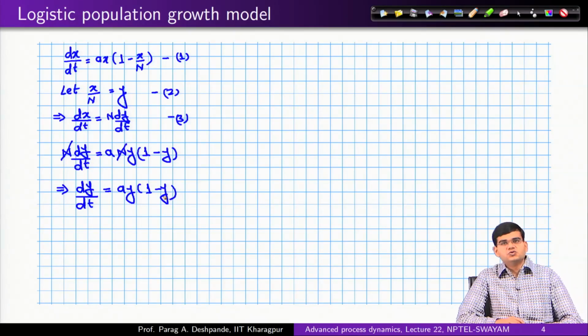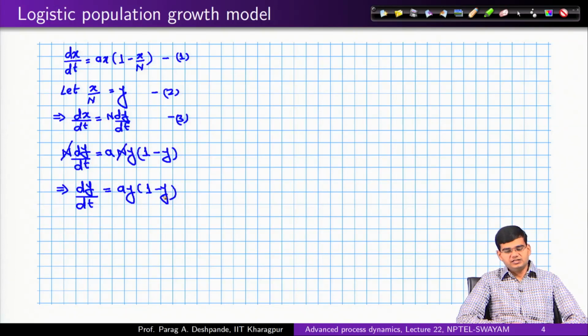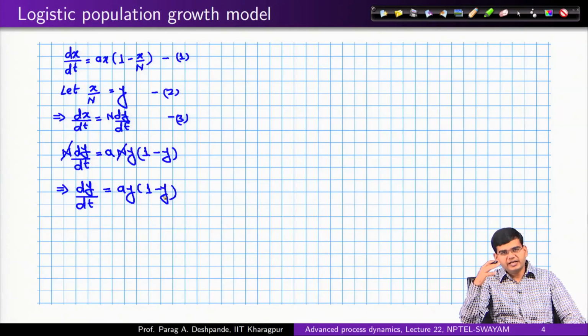Okay. So, what do I get in this particular case? I have just got rid of the parameter n, because n is a constant, and now all the analysis that I am doing is on the fractional population.